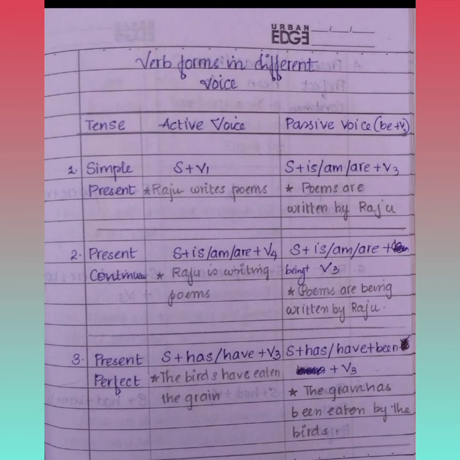So here when you change into passive voice, it will be like this: subject plus is or am or are plus third form of the verb. So how it will be? Poems are written by Raju. Okay, if it is present continuous tense, subject plus is or are or am plus ing form of the verb.